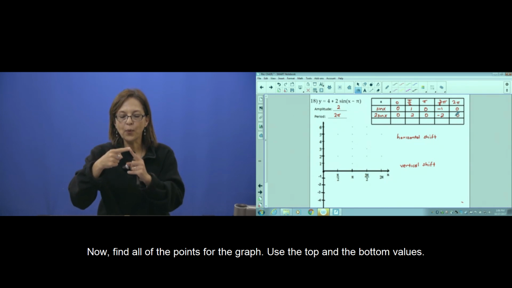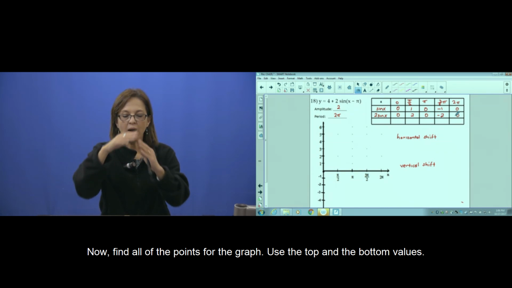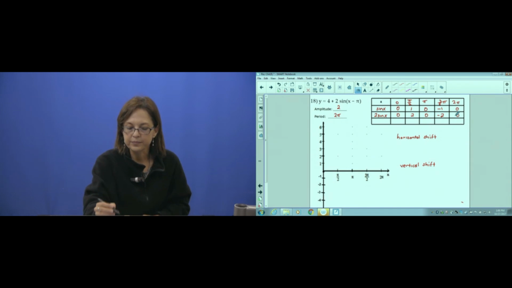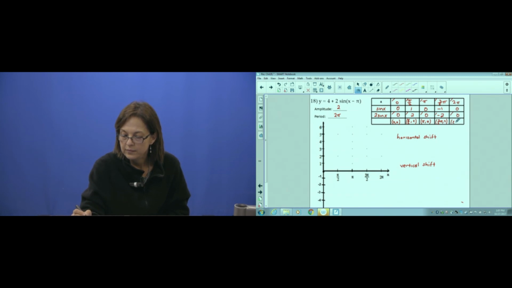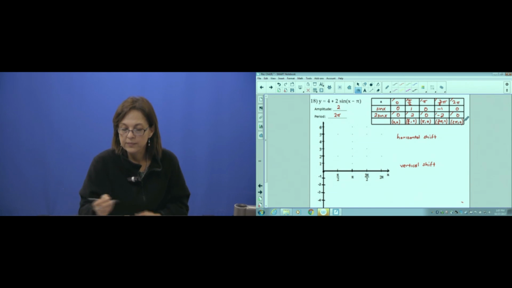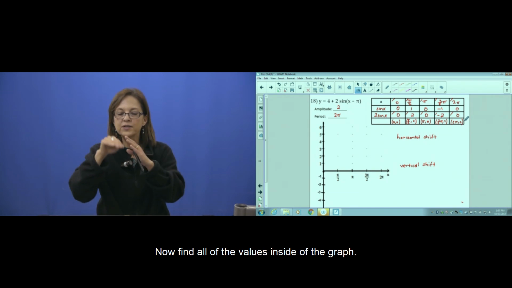Now, find all the points for the graph. Use the top and the bottom values. Now find all the values inside the graph.